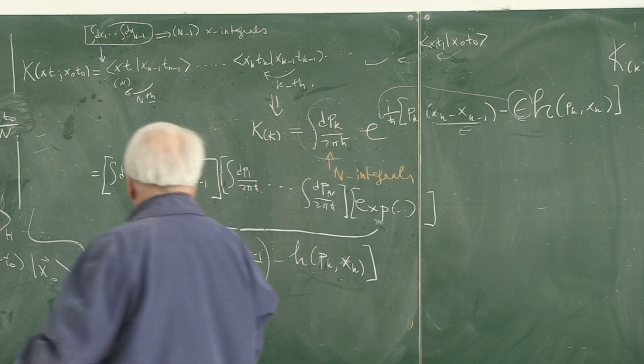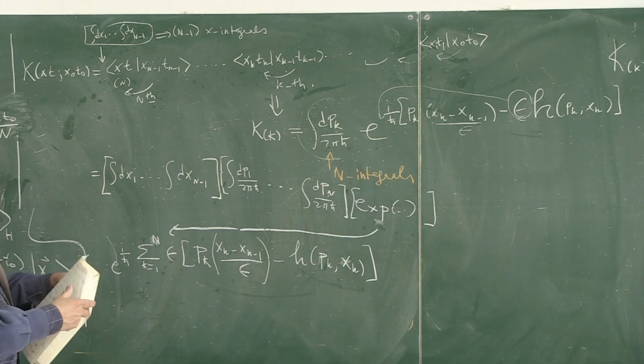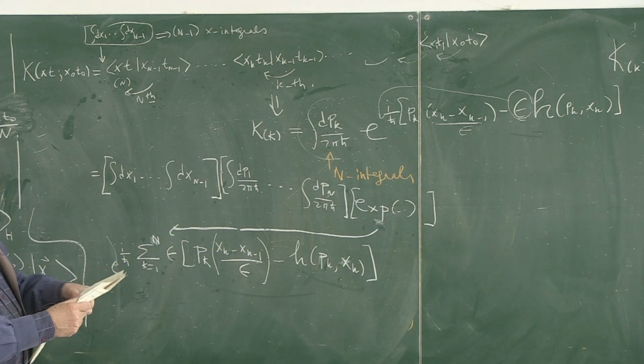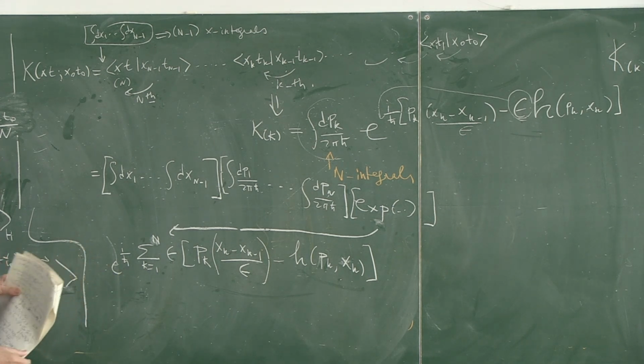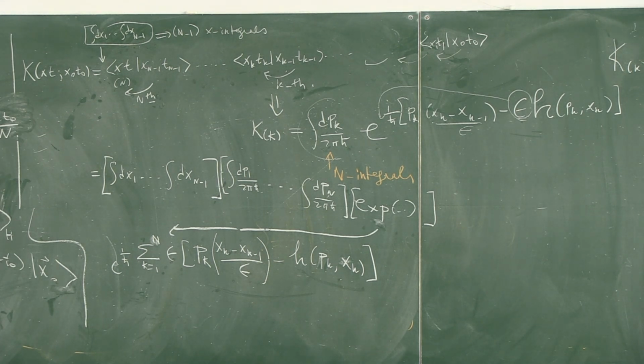Now, but let's still proceed. Let's see what I can make out of this. Now, what do we do at the end of the day? This is the construction for this discretized subdivisions in finite numbers.